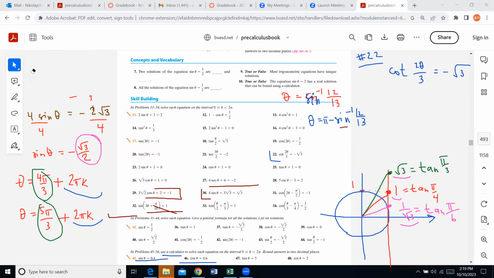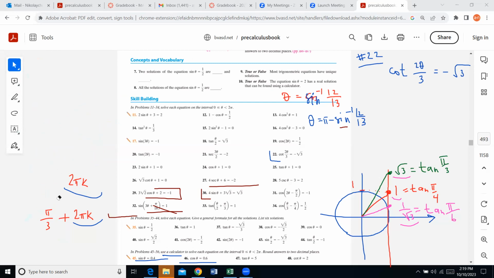I can show you this idea, of course, but I need a bigger picture so we can see it better. You can also quickly locate the angle, or you could always use a calculator and turn it to degrees mode, and it'll give you whatever you want. So anyways, let me take a look at the first one.